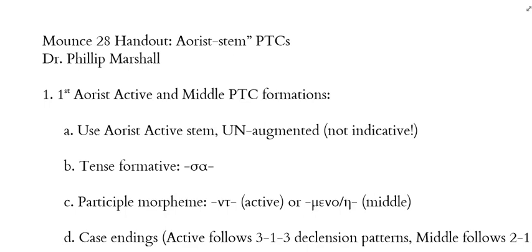So we want to be very careful with that and not assume that because you see an aorist stem on this particular participle that it must be past time. It's a matter of relative time, much of the time. The real reason for the use of the aorist stem is for aspect, not time.